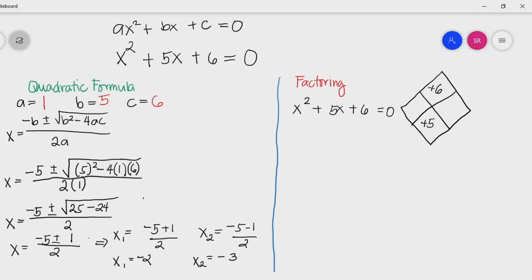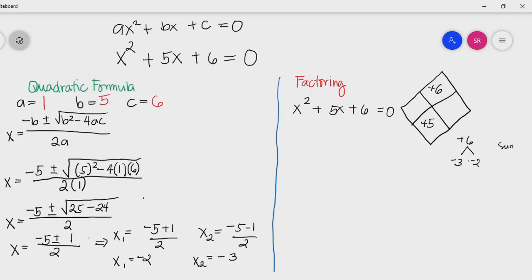So, let's try to find the factors of positive 6 that, when added, will be positive 5. We will list them here. We have positive 6. The possible factors are negative 3 times negative 2, because the result is positive.